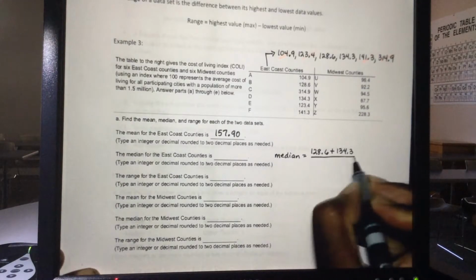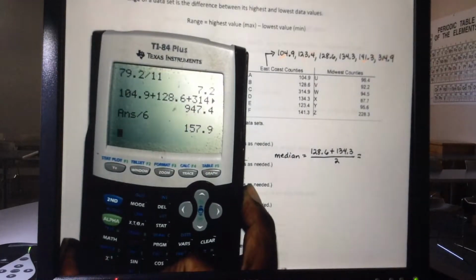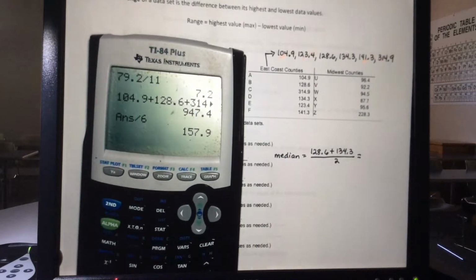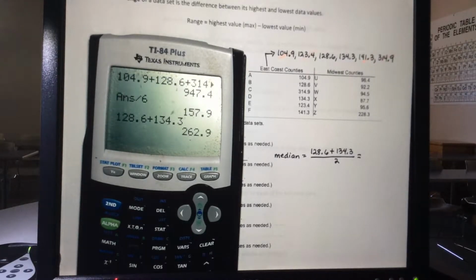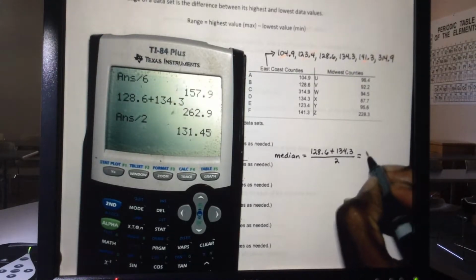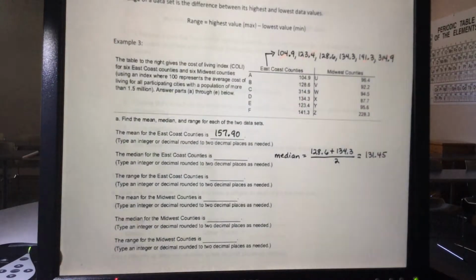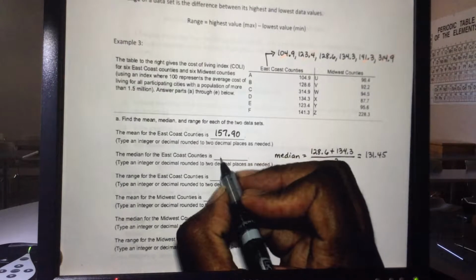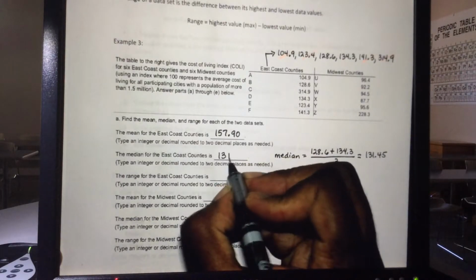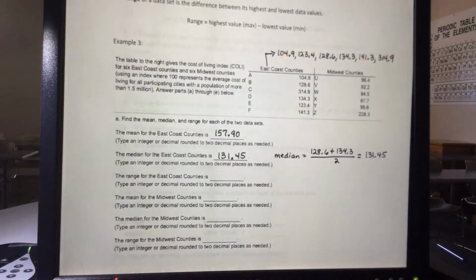That sum will be divided by 2. So 128.6 plus 134.3 gives me 262.9. Divide that by 2, and you're going to get 131.45. That will be your median for the East Coast counties, 131.45.